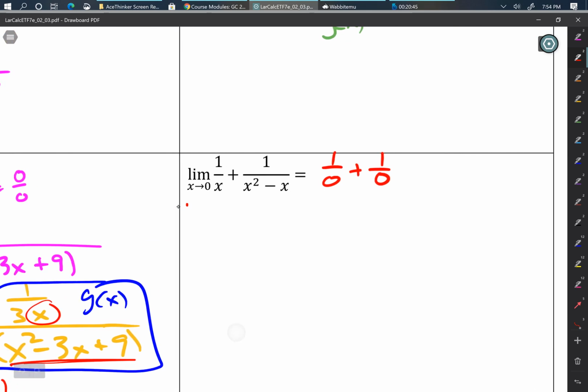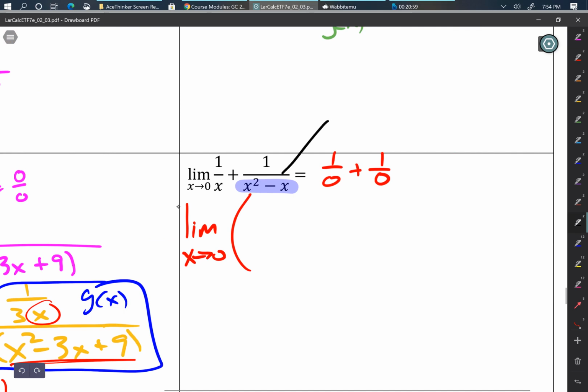All right? So I'm going to take the limit as x approaches 0 of, let's see. Just look at this denominator. Is that x times x minus 1? So then my first fraction, to get a common denominator, is missing the x minus 1.